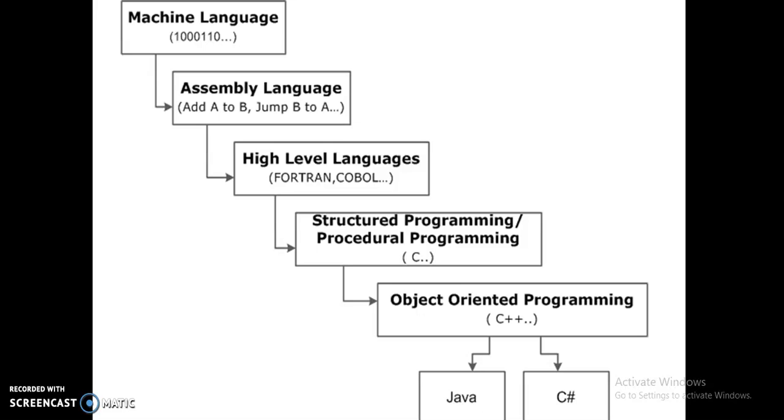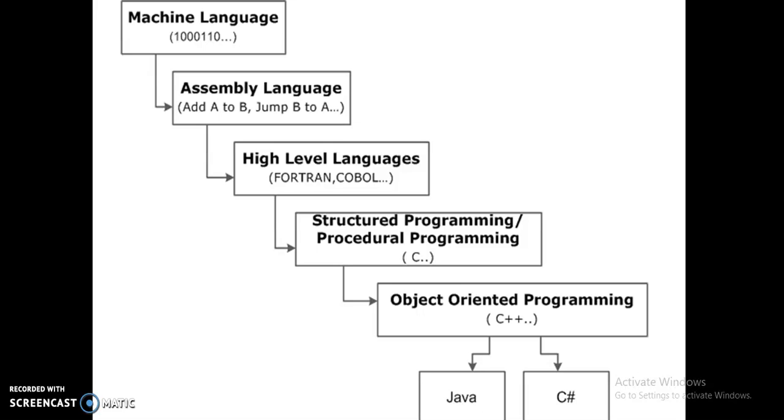You people are new, so let me explain the types of languages. First is machine language, which is a combination of binary digits, that is zeros and ones. Then assembly language, which uses mnemonic codes, and after that high-level languages came. English-like languages are all high-level languages. Examples of high-level languages are Fortran, COBOL, C and so on, but C is a structured or procedural programming language.